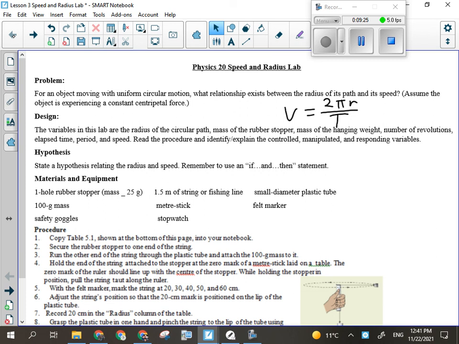Also, it's really tricky if you're trying to see the mark on the top of the tube. Obviously, we need to measure from the top of the tube to the stopper, but a smart person makes that the right distance and then marks at the bottom of the tube, because that you can see while you're whirling it.